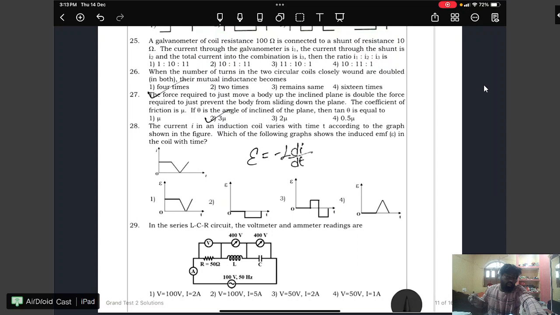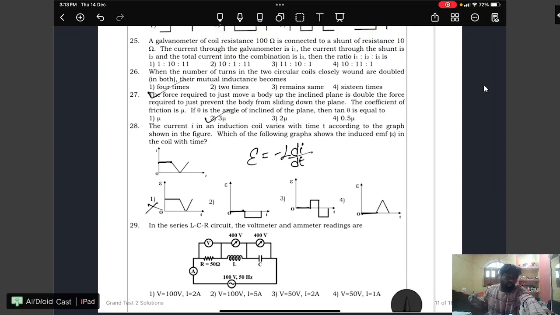So initially, current is constant up to this point, from here to here, means di by dt is 0. So the second, third, and fourth options show EMF 0 in the EMF graph. So the first option is ruled out.